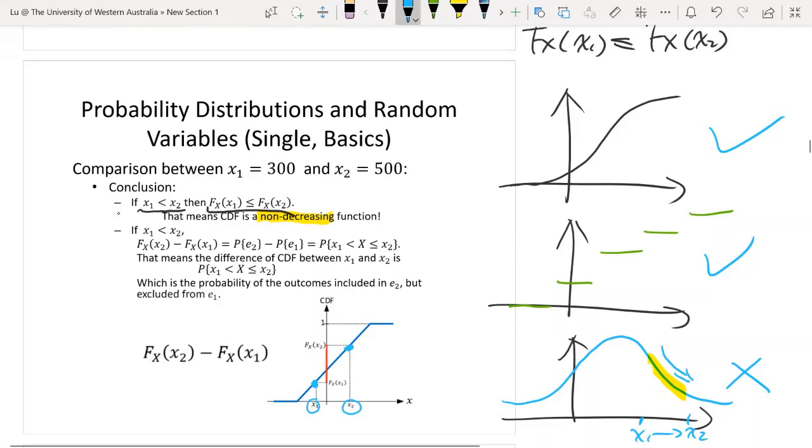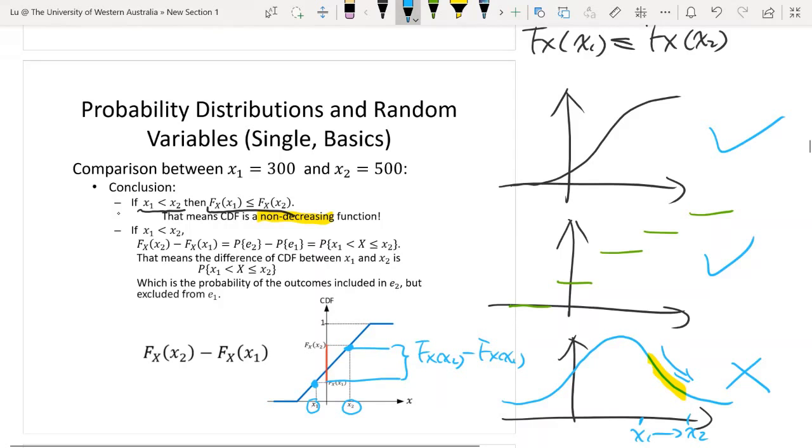The difference between these two CDF function values is this red color segment, which is Fx(x2) minus Fx(x1). Physically, the size of this small red color segment indicates the probability that the random variable capital X falls in between x1 and x2.